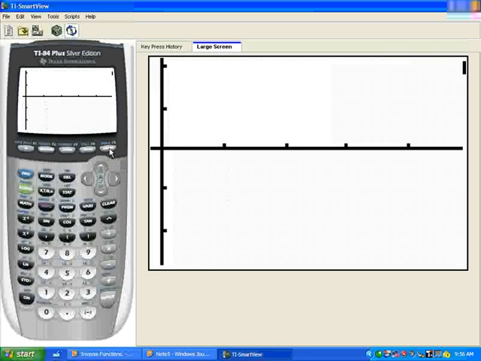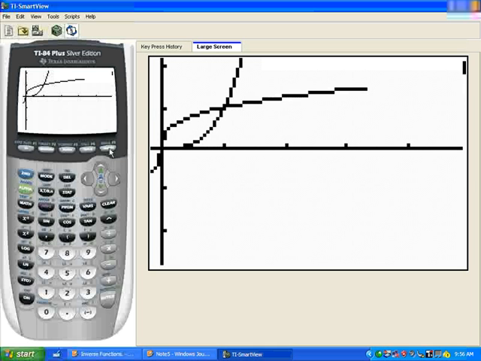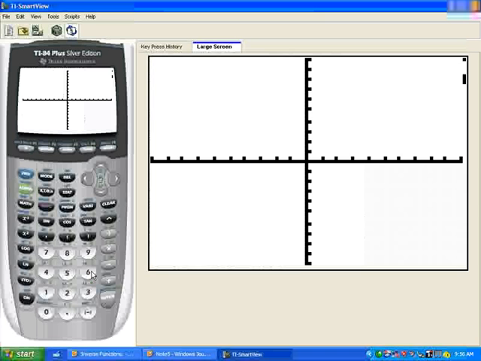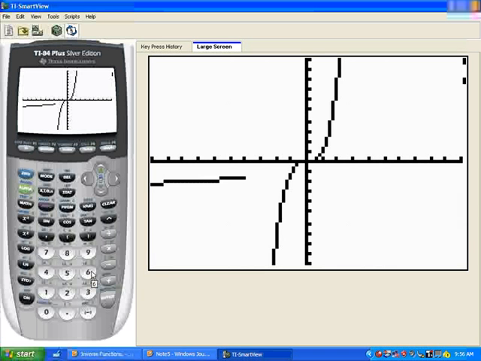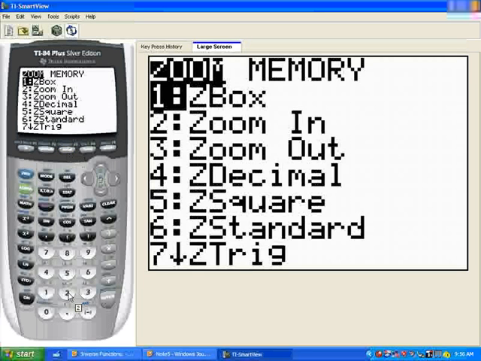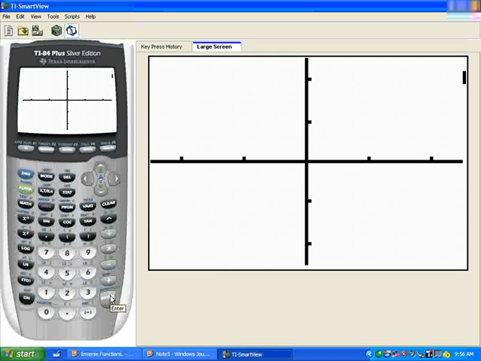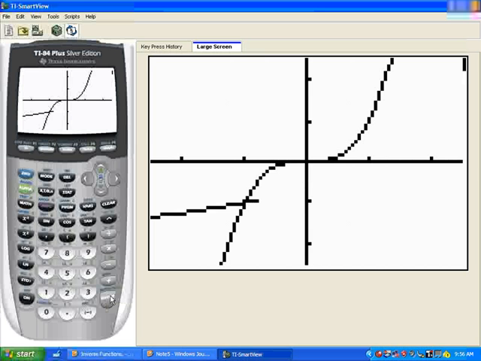So when we graph both of these, and actually that might not be the best view, let's go with a zoom standard, there's the original x cubed being drawn, and there goes the cube root of x. Hopefully you can see that those are in fact mirror images of each other across the line y equals x.